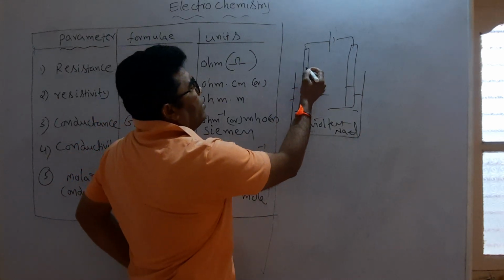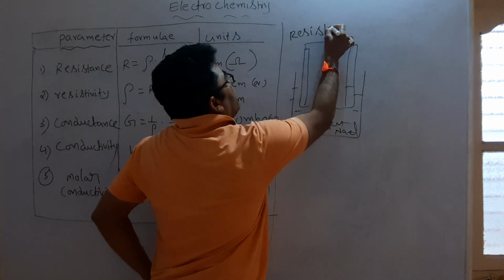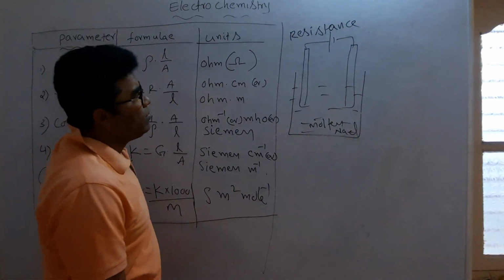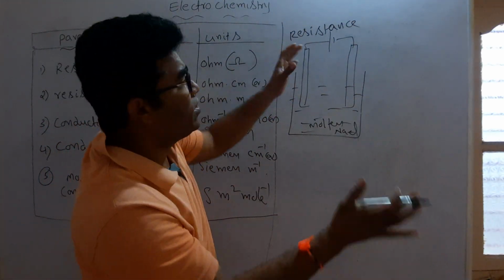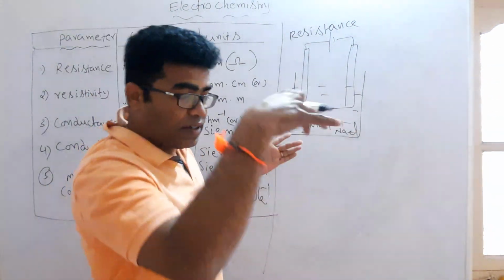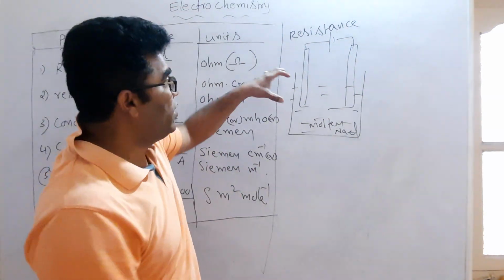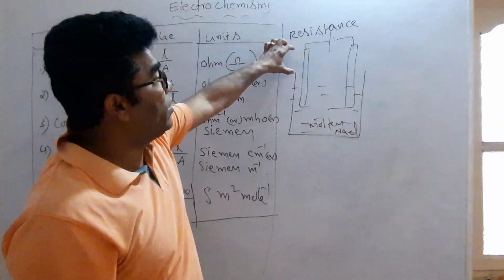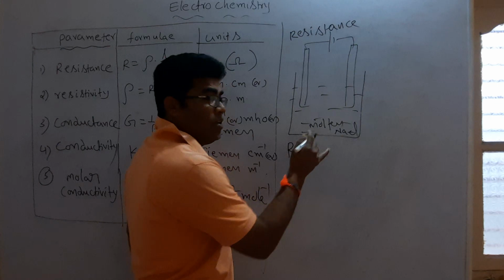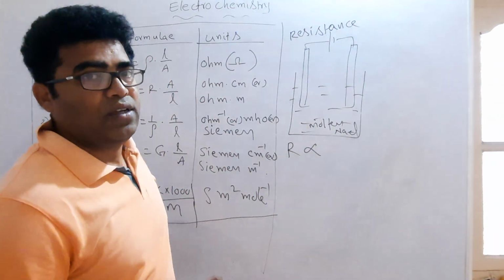In the electrolytic cell, if the area of the platinum rod is more, electricity enters easily, which means resistance is less. If the area of the electrode is more, then resistance is less, which means they are inversely proportional.